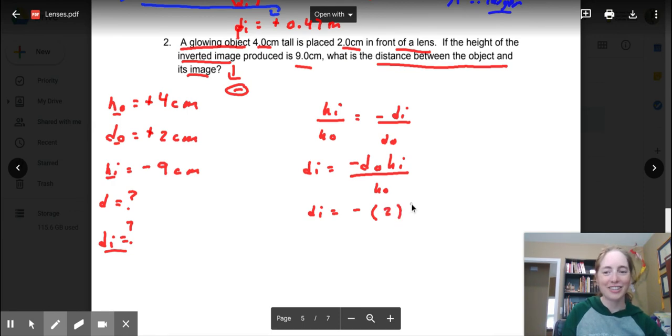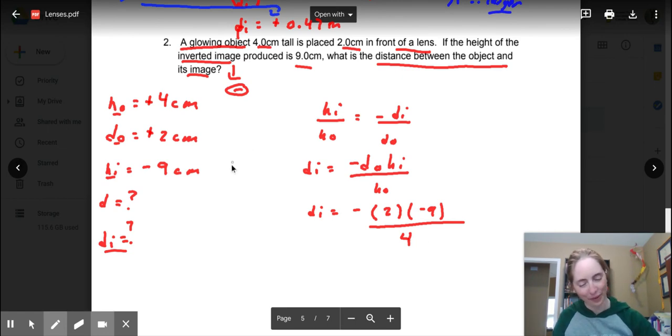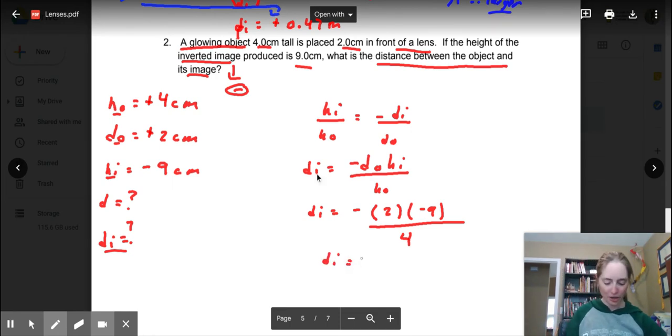Okay, 2 centimeters times the height of my object, which is -9. And we're going to divide that by 4. Okay, so our 2 negatives here are going to cancel each other out. We're going to wind up with a positive, and we're going to have our DI as going to be 4.5 centimeters in your calculator. It's positive.